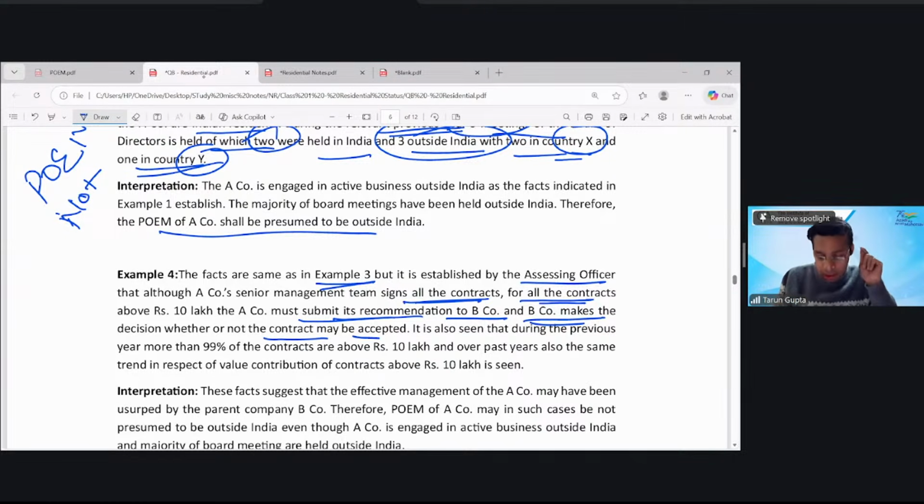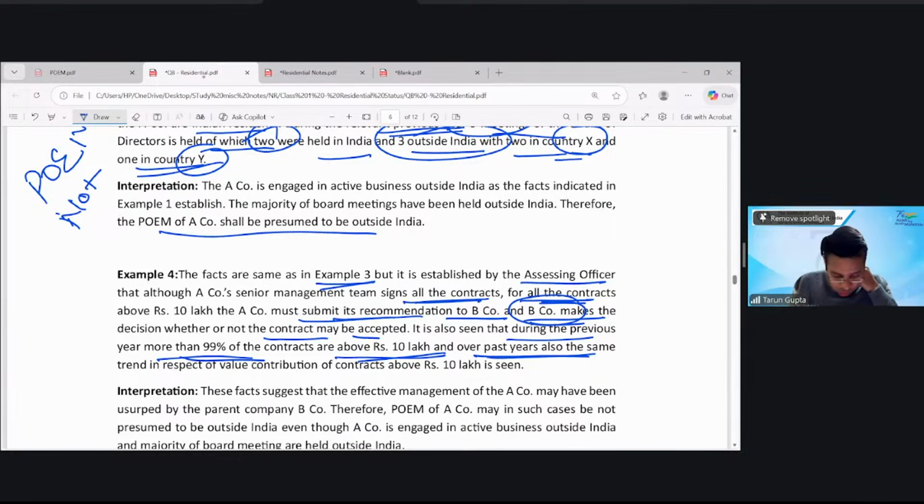So who is taking the decision? It's the B company for the contracts above 10 lakh. It is also seen that during the previous year, more than 99% of the contracts are above 10 lakh, which means the contracts predominantly are decided by another company, B company.